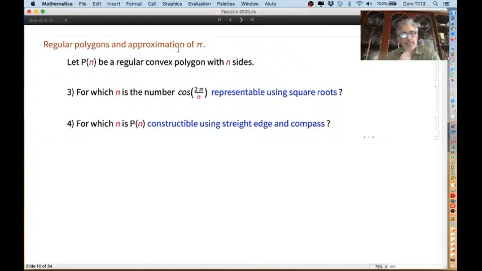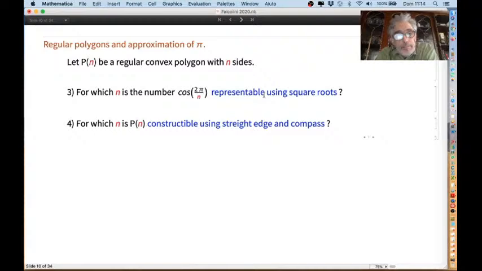Let's go to the next two questions, which relate the regular polygon Pn with the cosine of 2 pi over n, so the cosine of the central angle of the polygon inscribed in a circle, when the number cosine of 2 pi over n is representable using square roots.